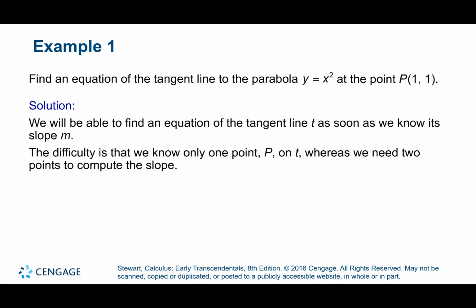The other piece of information we would need to come up with the equation for that line is the slope. That's going to be our challenge, coming up with the slope of a particular tangent line.